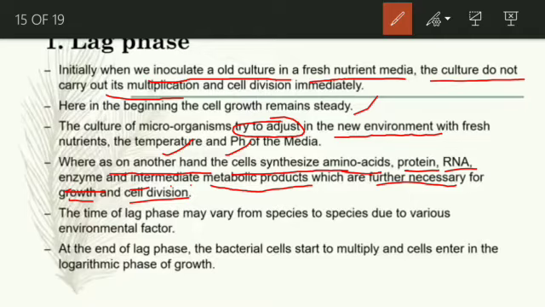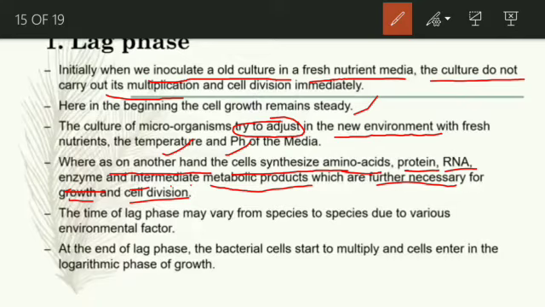It is doing something, being in the new media. What it is doing is synthesizing amino acids, proteins, RNA, and some of the metabolic intermediates that are necessary for growth and cell division. That means it starts acquiring all the machinery for division.